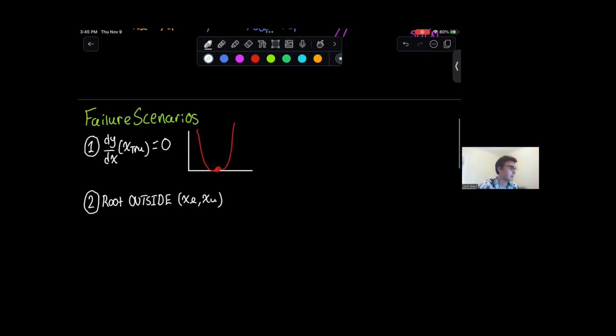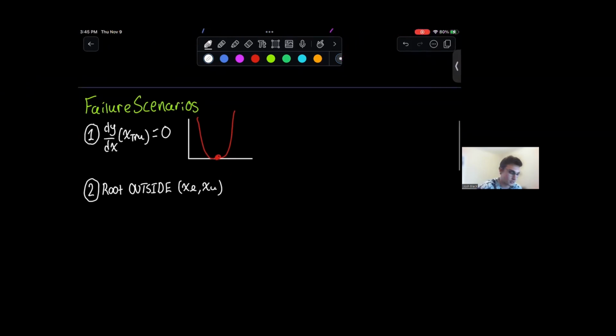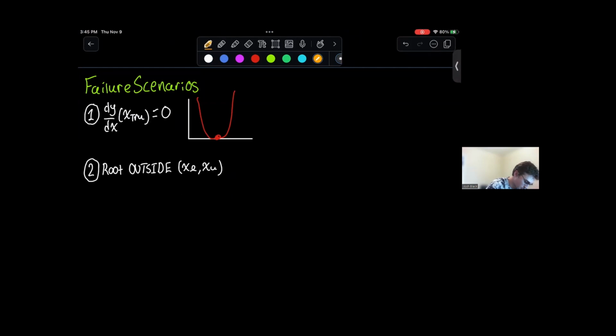Okay, now we're going to be going over rate of convergence. A rate of convergence is a very simple thing to think of. How fast is my code going to find the solution? Depending on what method you're using, you might take a small amount of time to find a solution, or it could take a long time.